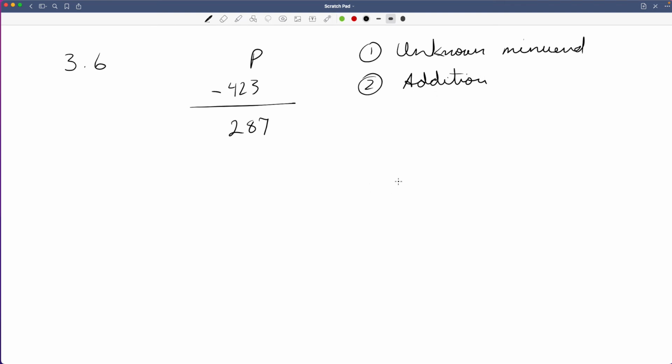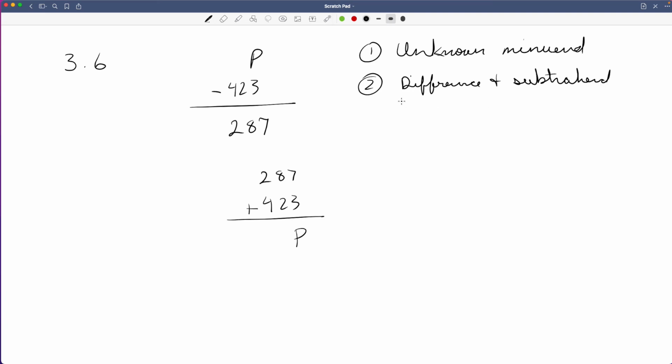Use addition. So we would say 287 plus 423 would give us the answer P. So let me tell you exactly what we do. Difference and subtrahend become addends.